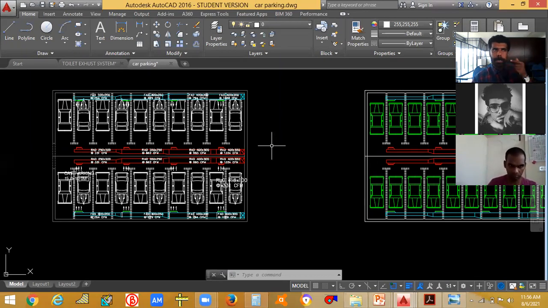We have gone through the CAD drawings. We have seen how to design it, how to split the areas, how to calculate the CFM. And in coming days we can see how to size the duct through the duct sizer software.